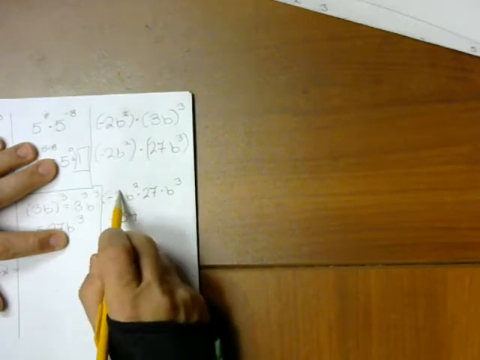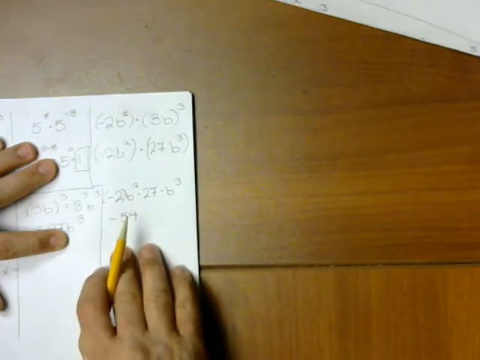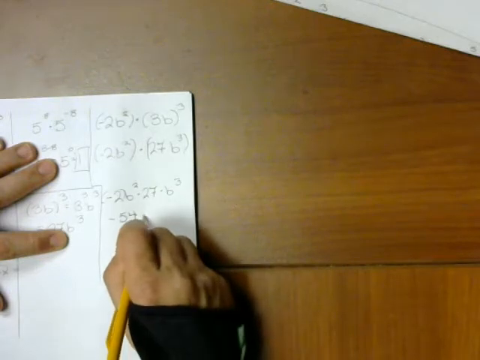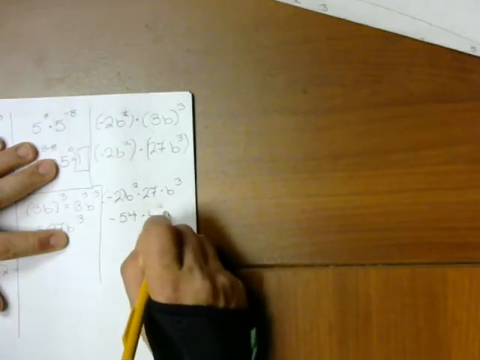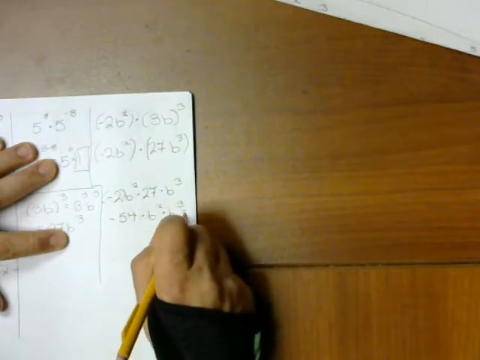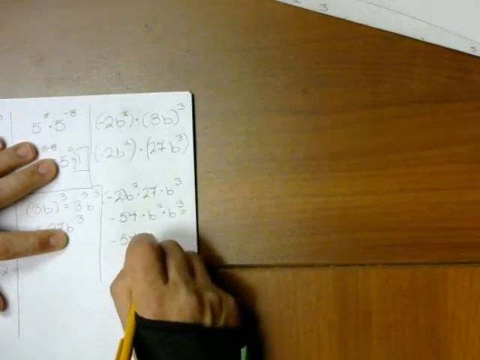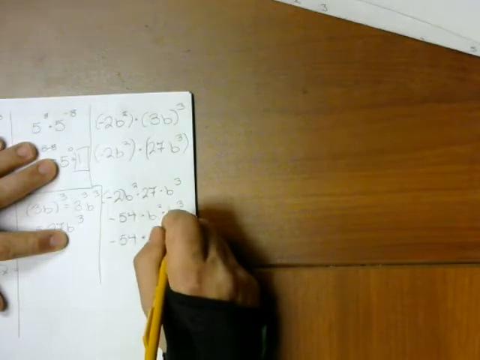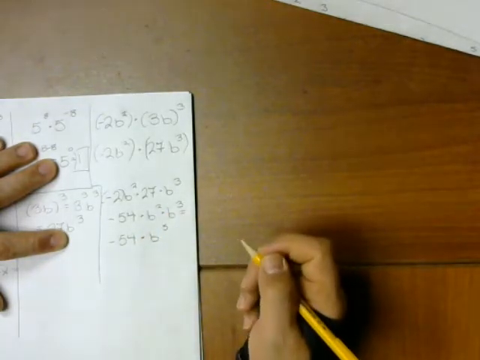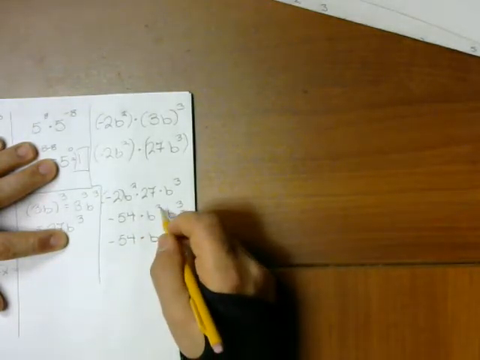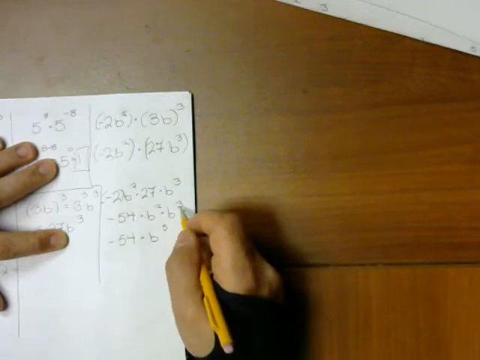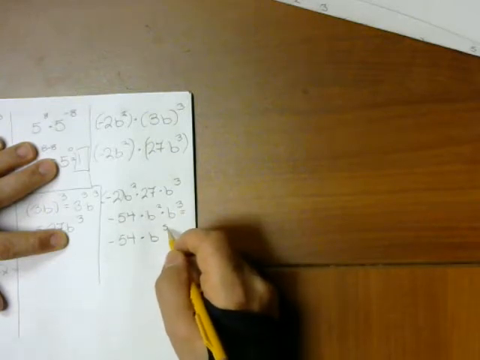So I can multiply the negative 2 and the 27 first. And then this gives me b squared times b cubed, which by my laws of exponents gives me b. Well, I have 2 b's here and 3 b's here, 5 b's there, or I could just use the fact that 2 plus 3 equals 5.